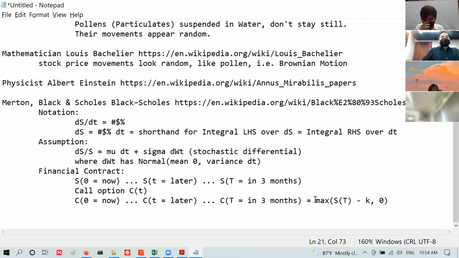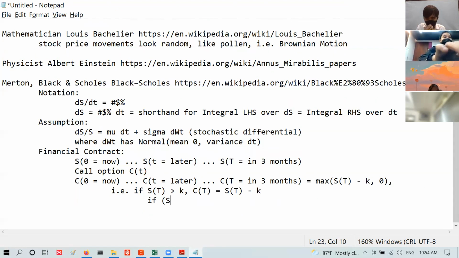So in other words, if ST is greater than K, CT is equal to ST minus K. On the other hand, if ST is less than or equal to K, CT is equal to 0. Anybody knows what this means?